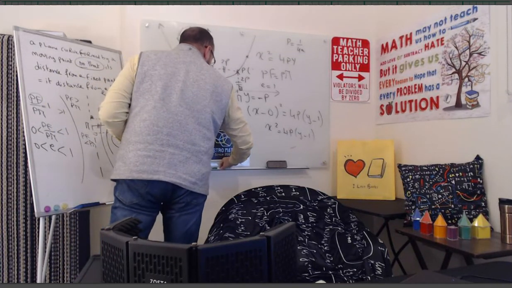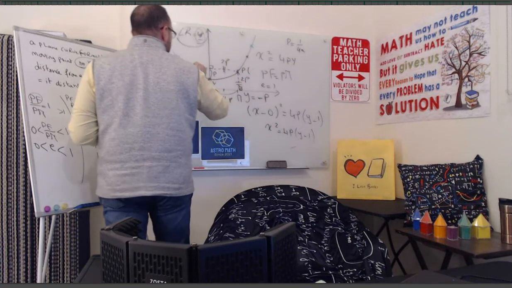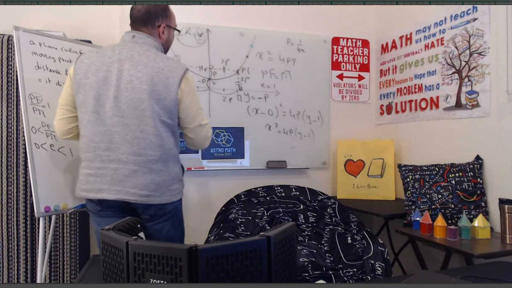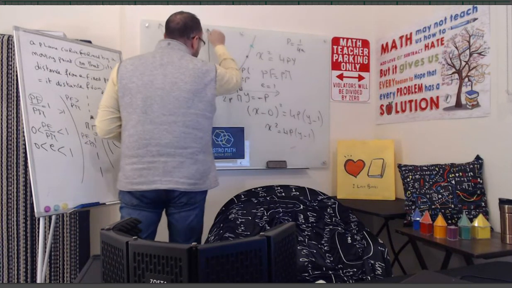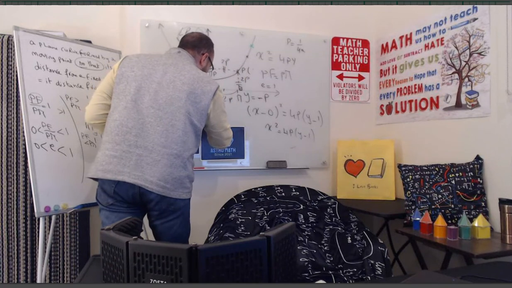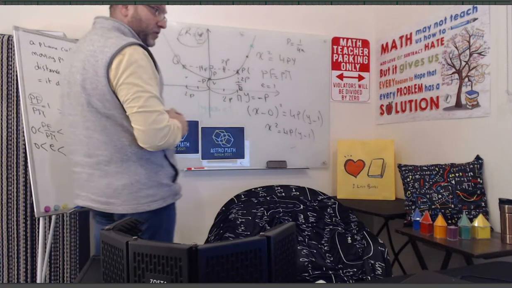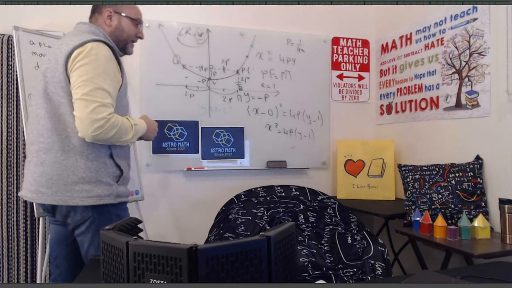So any 2 points, but if you take it like this, it's not going to be perpendicular to the axis of symmetry. It has to be perpendicular to the axis of symmetry, which is in this situation the y-axis. And it has to go through F, through the focus point. So it has to be perpendicular to the axis of symmetry in its definition.